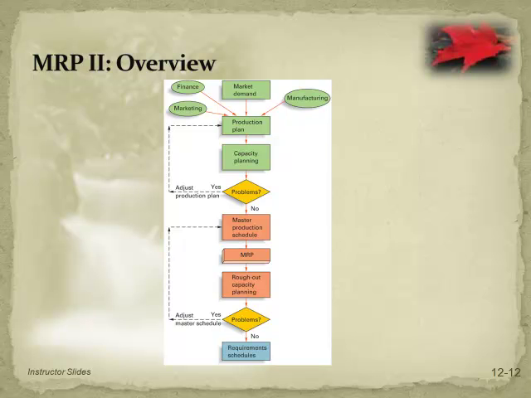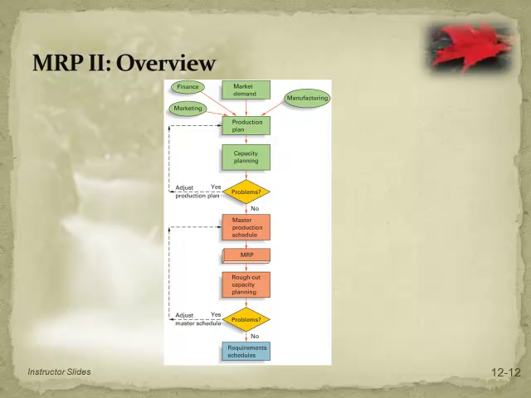The other thing was, let's put in some capacity checking. After we run the production plan, we can do a capacity check. And if you'll notice in the orange box just below the MRP, we see another capacity check take place there too.